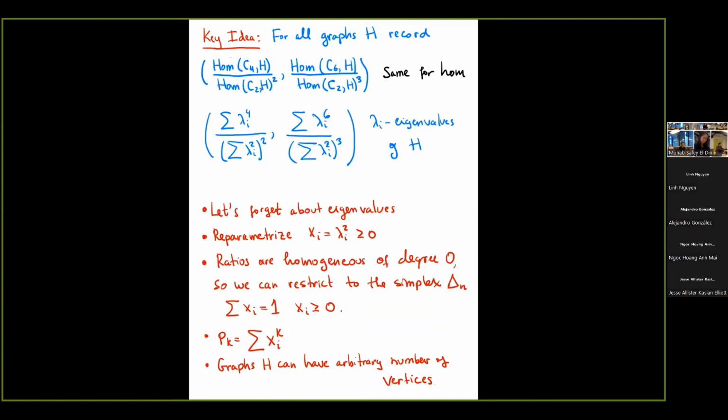And one more thing to remember is that one piece of graph theory will remain: I can evaluate my expressions on graphs with any number of vertices. Which means that here I can have any number of variables xi, because remember, the number of variables is the number of vertices, which is the number of eigenvalues.